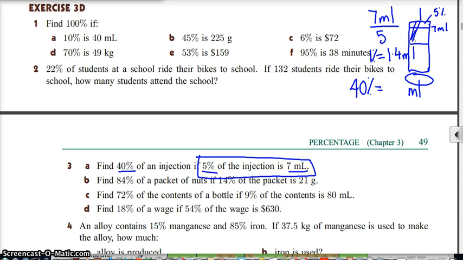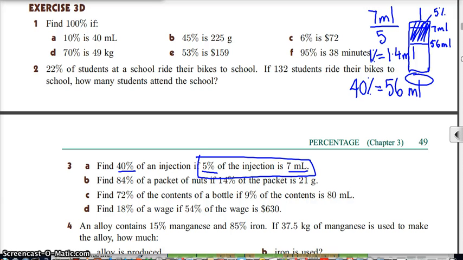Just under half, what is 40% of that? So 40 times 1.4 gives you 56 mils. That would be 40% of that solution.